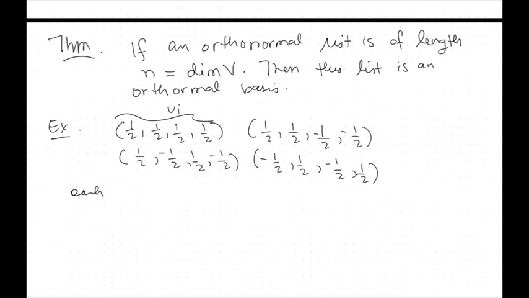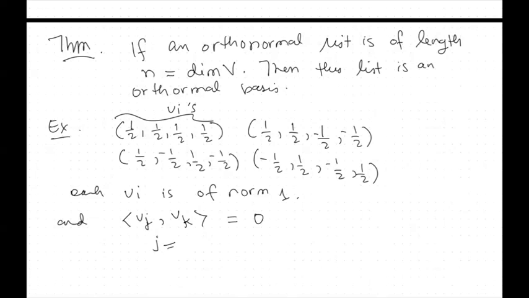Let's call these v1 and so on. Each v_j is of norm 1, and the inner product of v_j with v_k is 0 for j not equal to k.